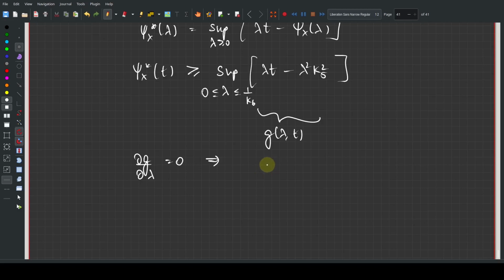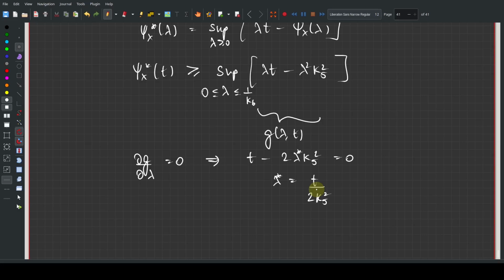Okay, so t minus 2 lambda k phi square equals 0, or the lambda star is equal to t by 2 k phi square. Correct?